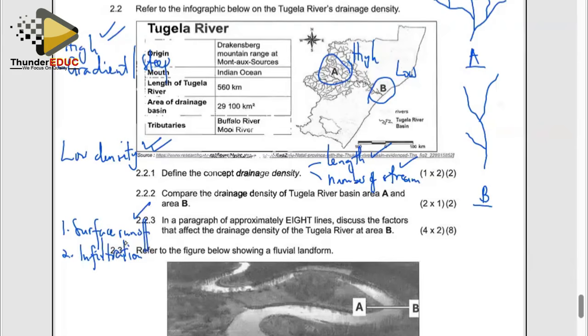It's very steep, and hence the rainwater is going to flow over the surface, forming a number of streams. And for the same reason, if it's low density, it means there must be a general gradient. A general gradient allows for water to infiltrate into the ground, and hence there won't be many streams forming.